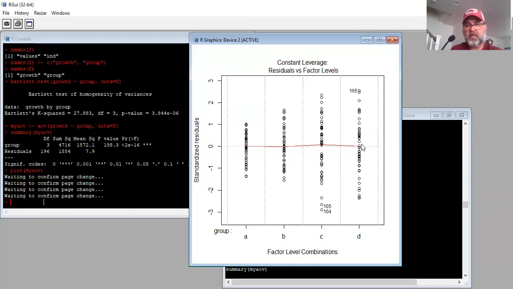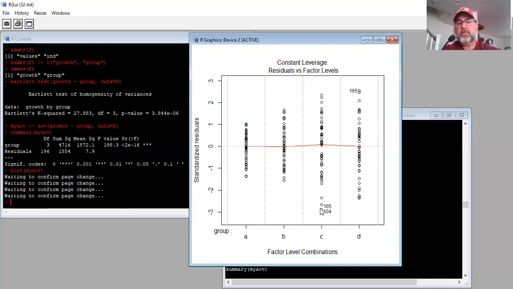And here's leverage. So leverage is how much any one point affects your results. And what you hope for is that these things are normally distributed. So you look for clusters about the red line. Your red line should be on 0. And then they should thin out at the extremes, which you see.